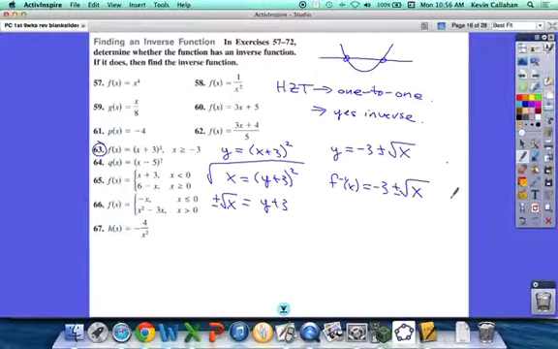But there's still something wrong with that, right? This was the tricky part of finding inverses. Remember that when you switch the x's and the y's, you're switching the domains and the ranges, right? We were given a domain statement, which was that x is greater than or equal to negative 3. What does that tell you about the range of the inverse? y is greater than or equal to negative 3, right?